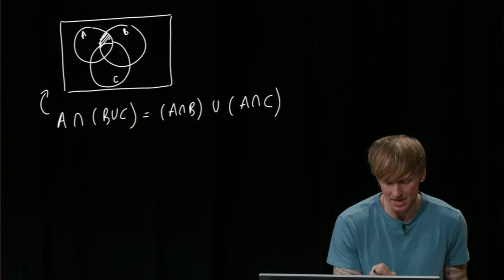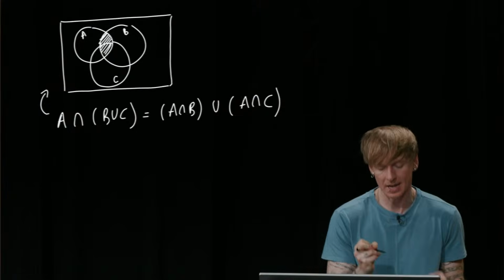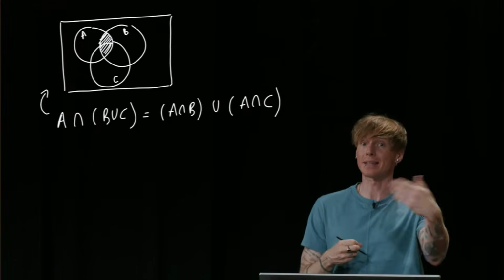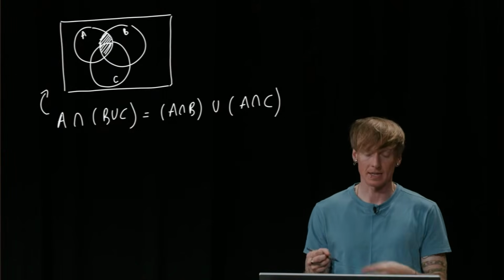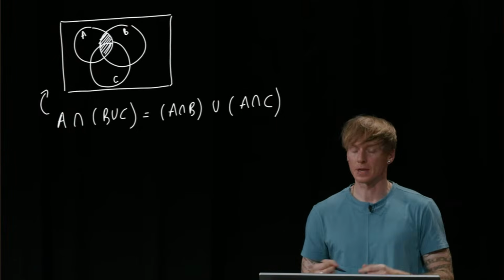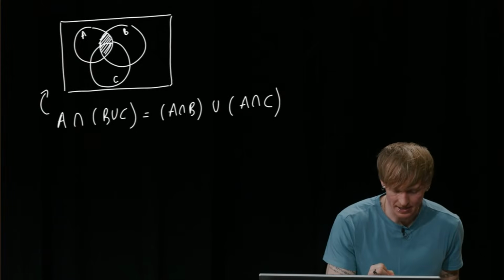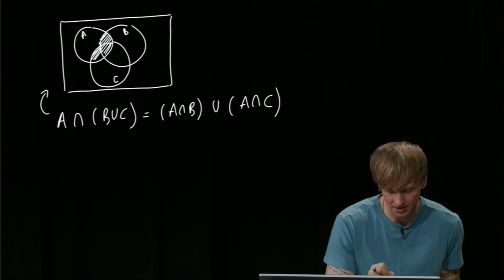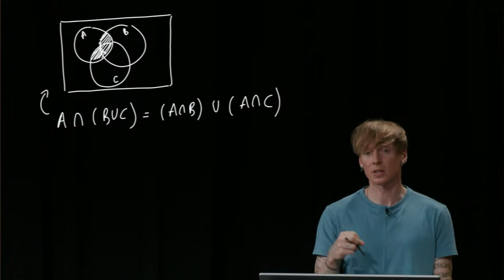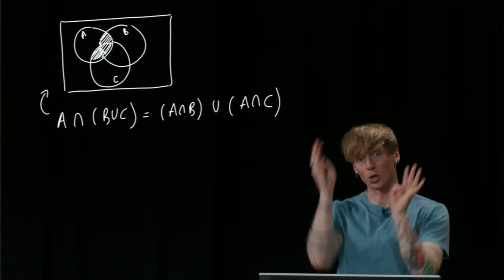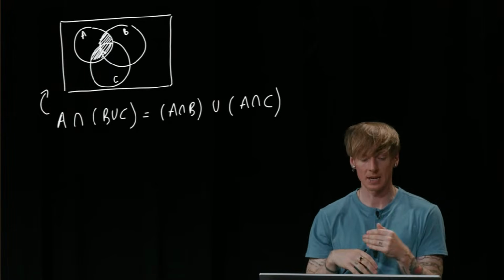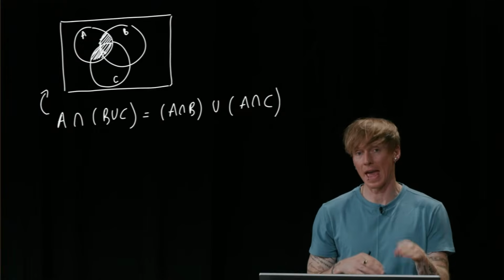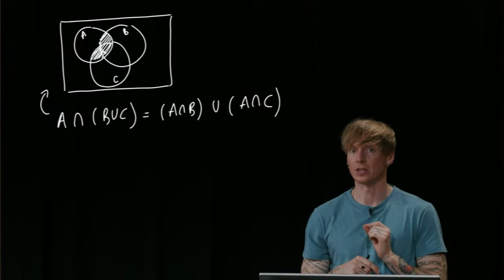So this is in B and A. The central piece happens to be in A, B, and C, but it's definitely in the intersection of A and B or C. But we also get this section here. So B union C is going to be the 2 hoops, anything in B and anything in C. And then when we intersect that with A, we get those 3 regions.